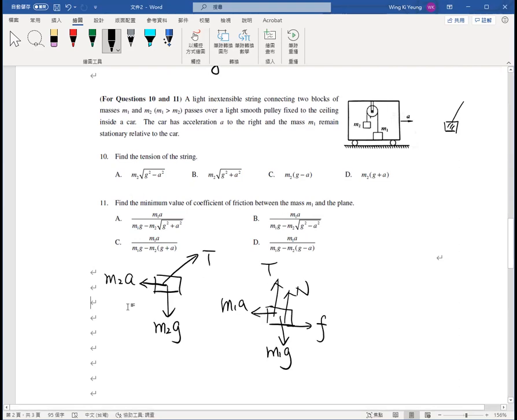So after you draw a free body diagram, may you answer me what's your answer for question 10? Question 10. I think it should not be difficult, is it? You just look at the diagram.